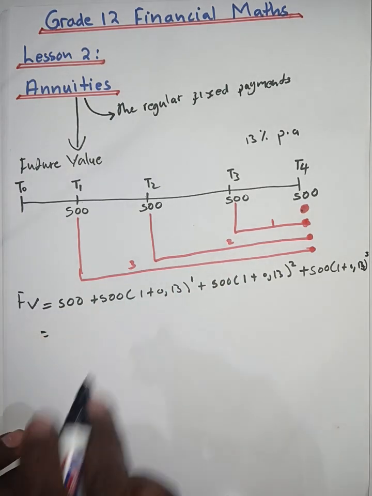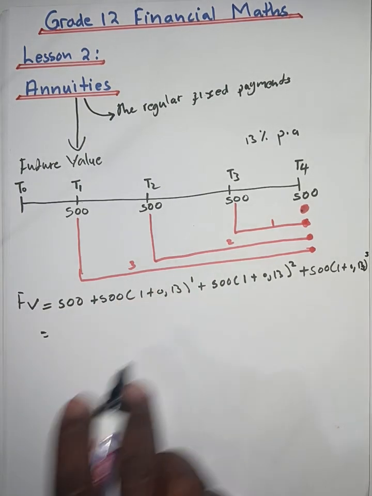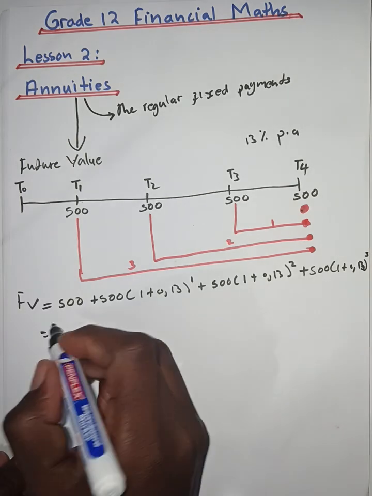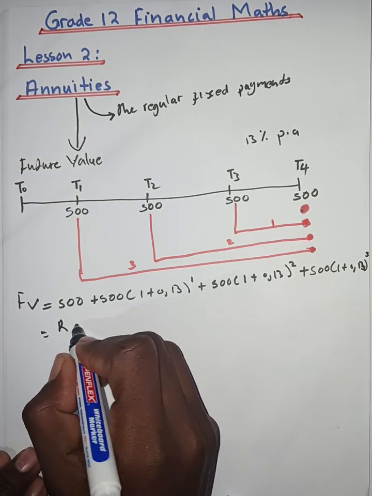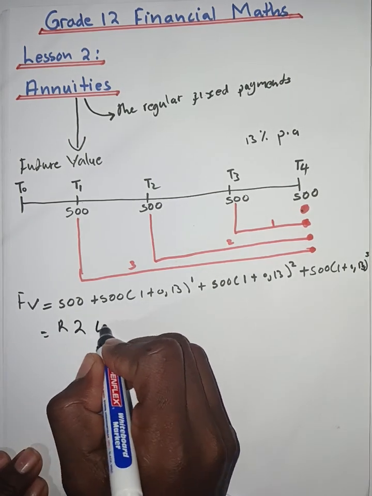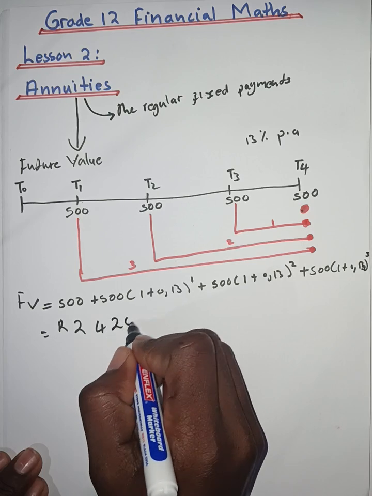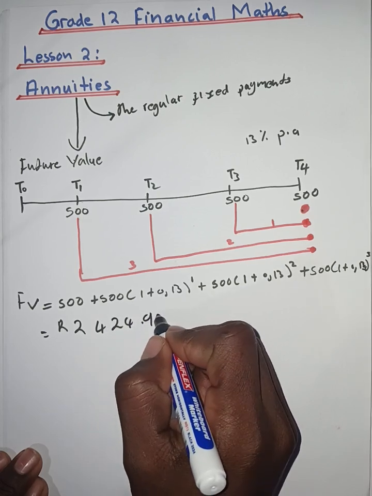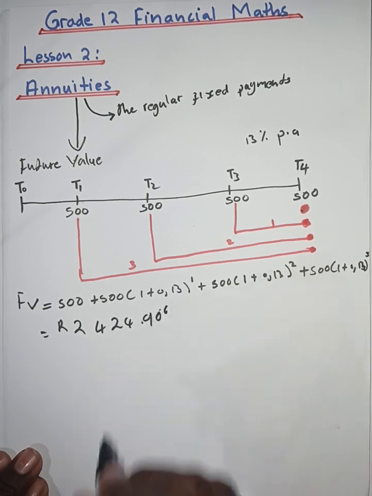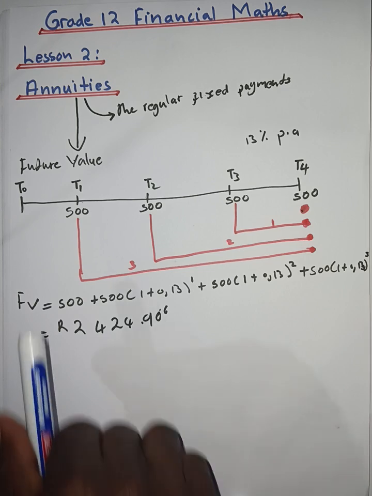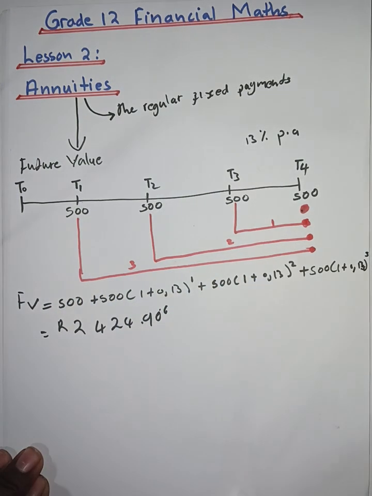Now if you put all of those values on your calculator, you would get an amount of 2,424 rand and 90 cents. That is the future value annuity of all of those payments after 4 years.